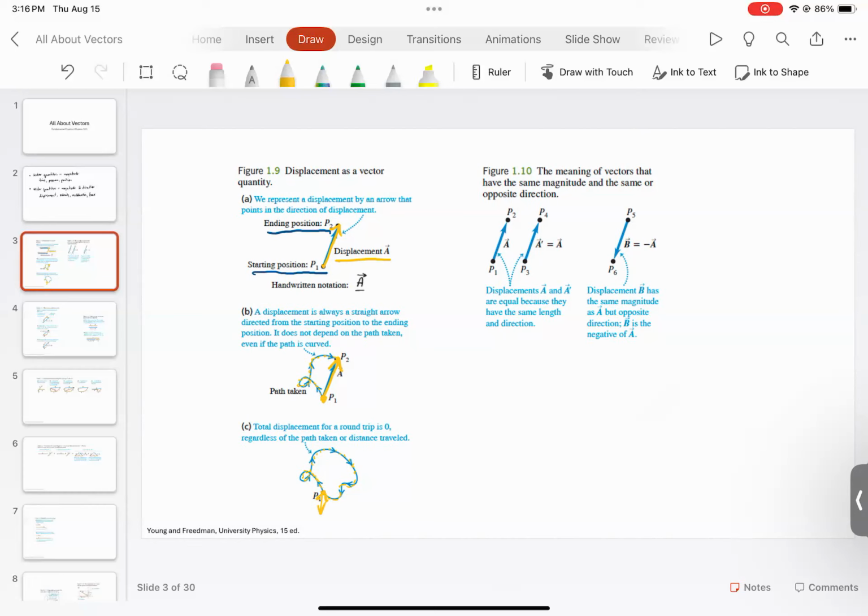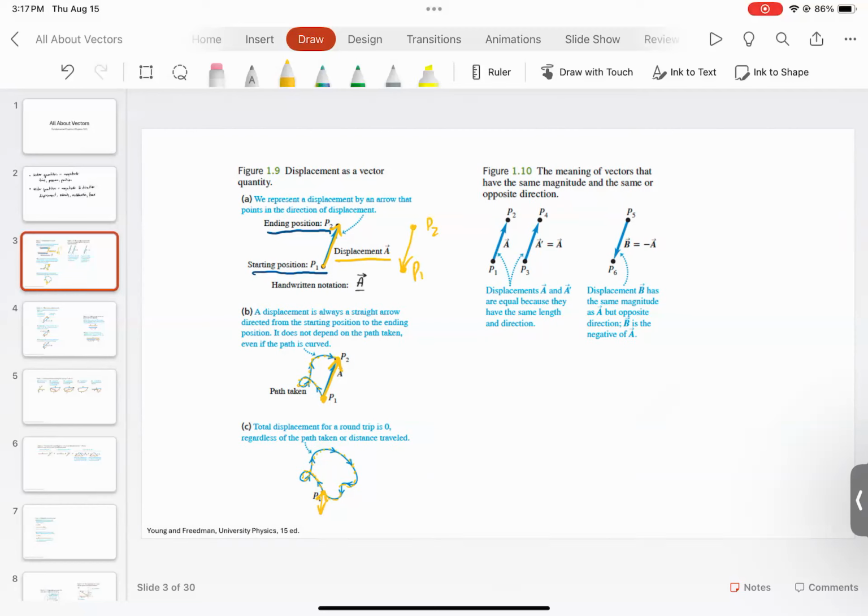Now, of course, if it so happen na ang starting position natin ay yung position P2 and then yung ending position natin ay yung position P1, then we draw a vector from the starting position to the ending position. Now we have a vector that has a displacement which is the same quantity, but the direction is opposite towards each other.